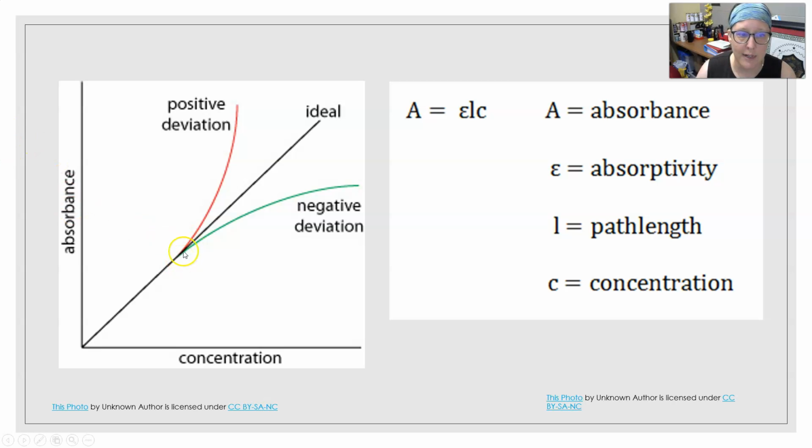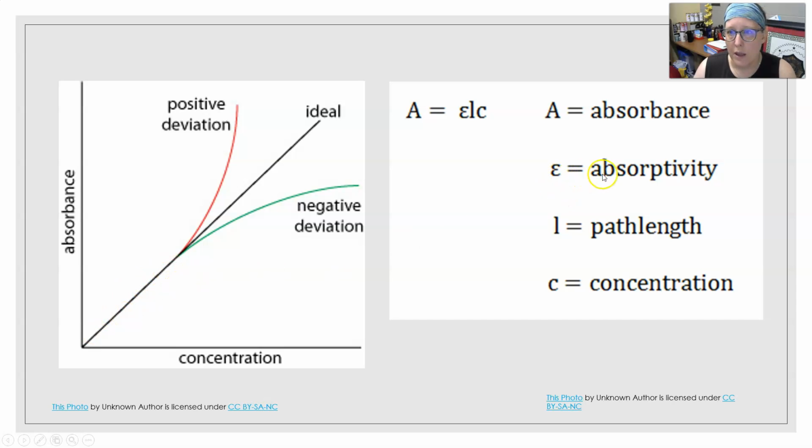As soon as the relationship starts deviating, either negatively or positively, you've lost linearity, and that relationship is no longer predictable by this line that can be calculated. So this line here, where the ideal relationship is, that line can be calculated with the slope and intercept. It's a y equals mx plus b calculation here.